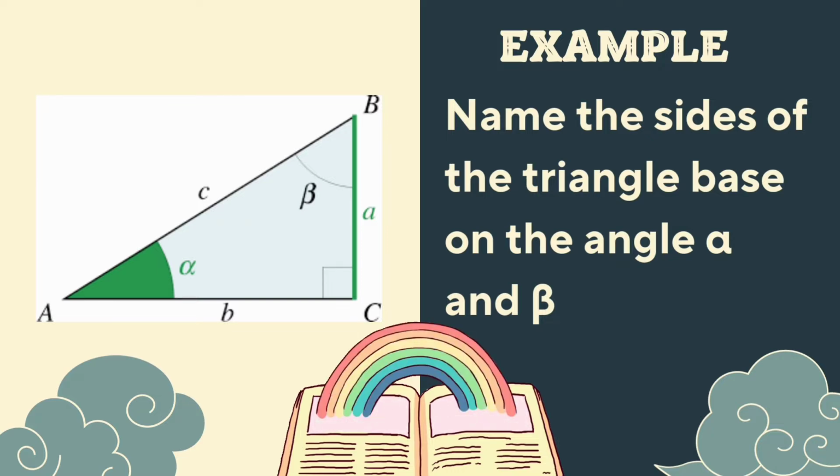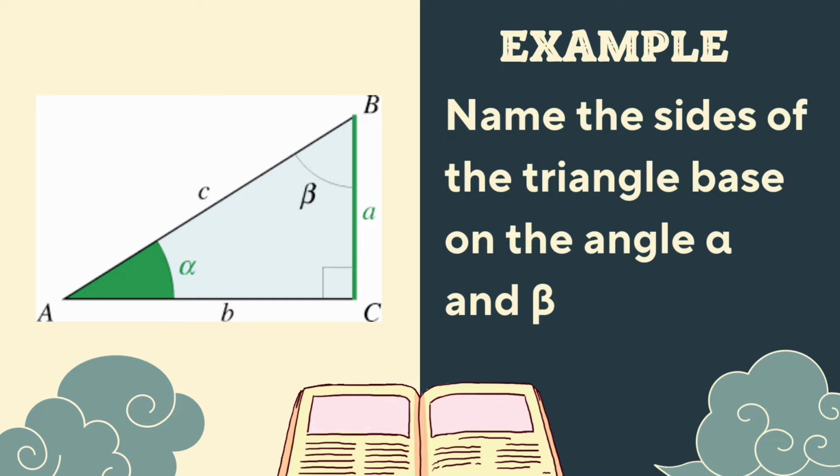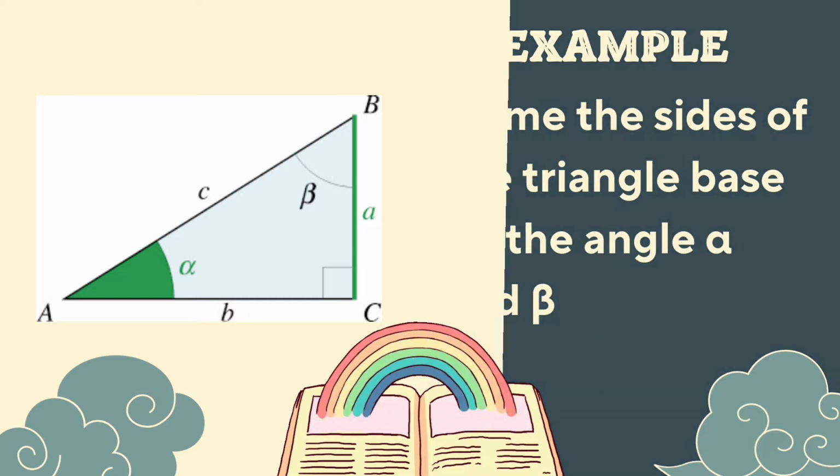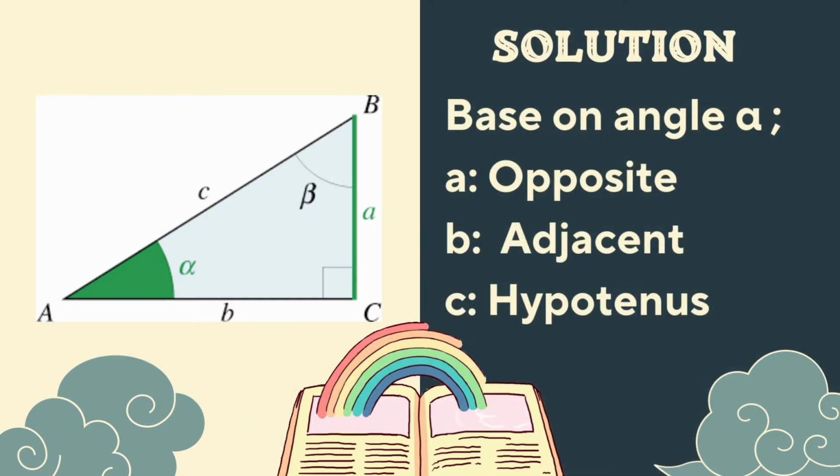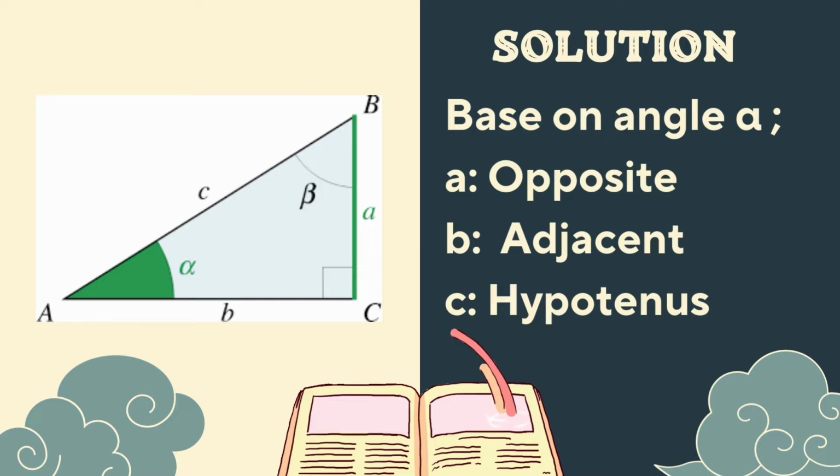So A will be the opposite side for this right-angled triangle, while B will be the adjacent side, while the small letter C will be the hypotenuse. So for this particular triangle, when you consider it based on alpha, A is the opposite, B is the adjacent, while C is the hypotenuse.